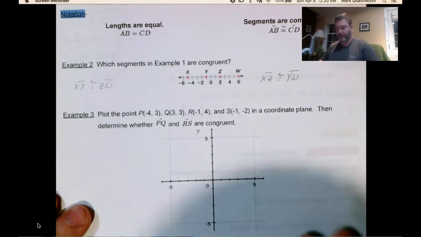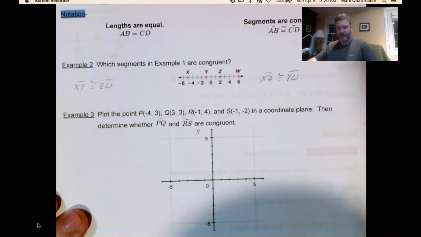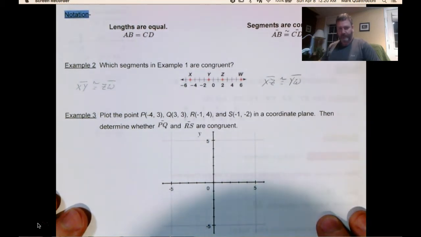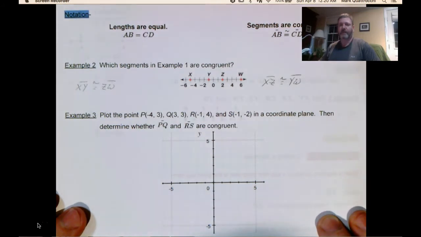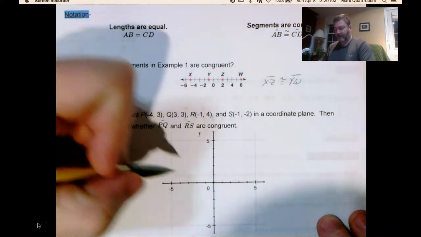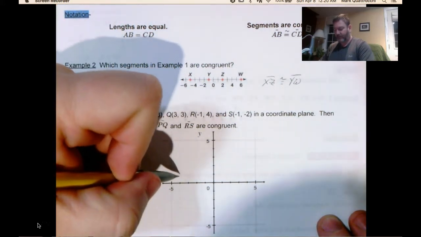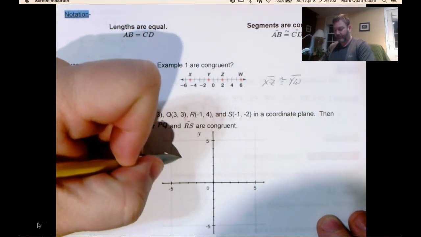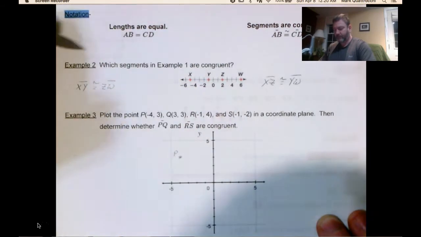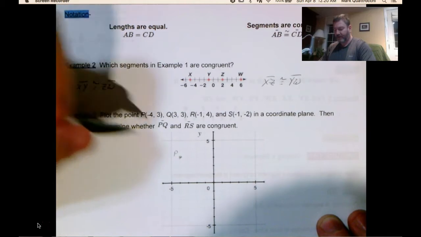Example 3. We're going to plot these 4 points, and then we're going to determine whether segment PQ and RS are congruent. So, point P is at -4, 3. There's point P. Point Q is at 3, 3.